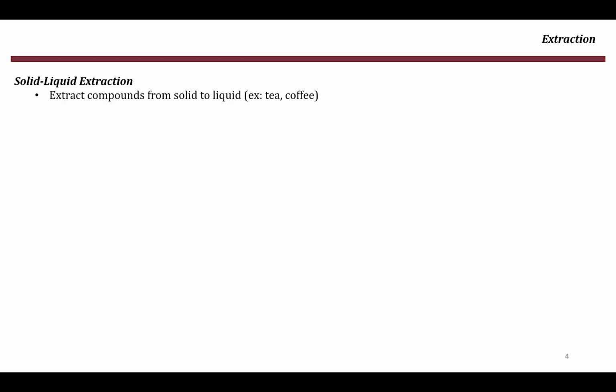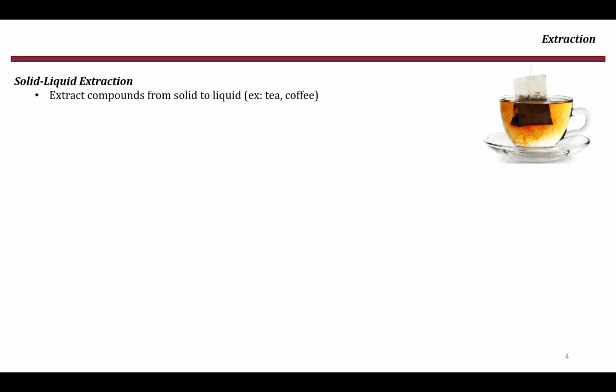The solid-liquid extraction is usually used to extract compounds from a solid into a liquid. For example, tea or coffee. So whenever we have some tea leaves in a tea bag and we immerse this tea bag in hot water, we notice that the hot water starts to get a brown color, and this is because we are extracting tea from the solid into the liquid.